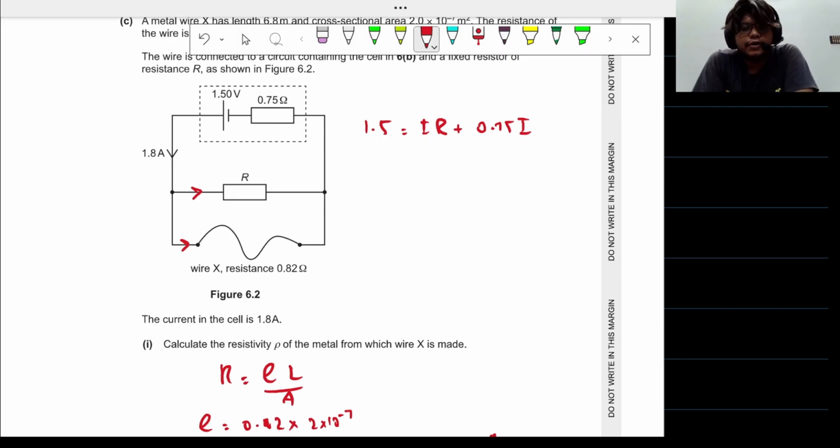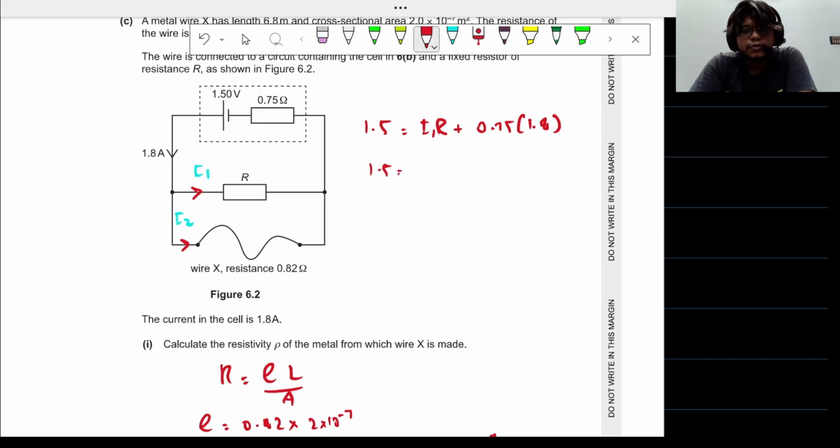If we apply the second loop, I'm calling this one I1 and this one I2.